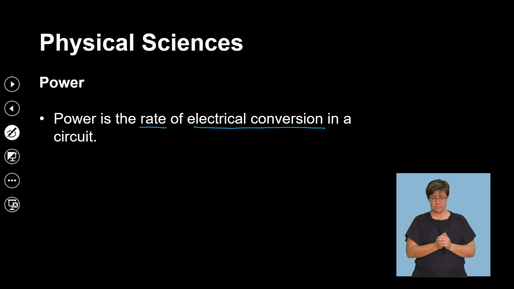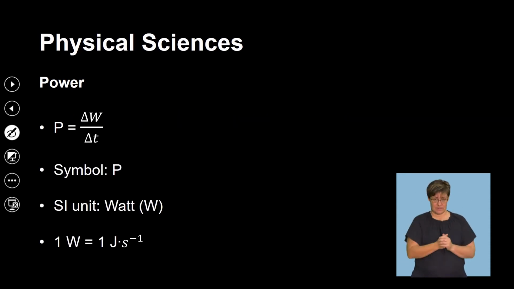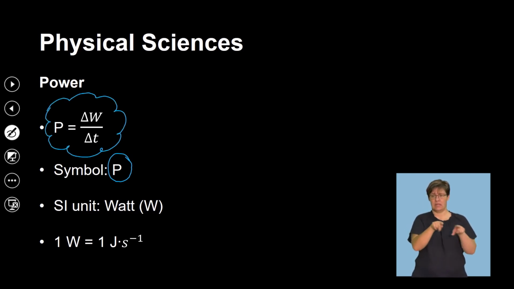So this is the rate of energy conversion in an electrical circuit. Okay. Right. So in terms of the symbol, P is the capital letter once again, because the small letter p represents something else. So take note of that. So this is the concept. Mathematically, that's how we represent the equation. So this is transfer of energy, this is conversion of energy.